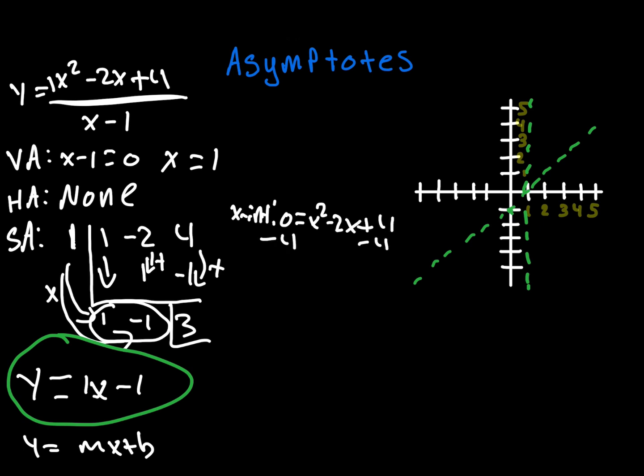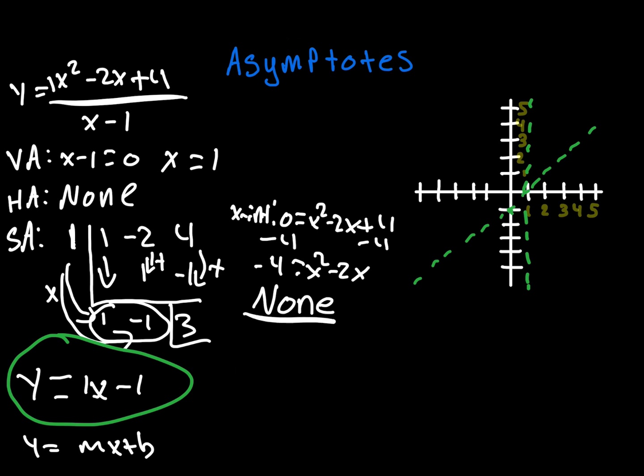Subtract the 4. Negative 4 equals x squared minus 2x. And from here on, this equation doesn't really make sense, because you could divide the negative 2 and square root, and it will give you something that doesn't really make sense and doesn't equal. So from that, we could assume that there are no x-intercepts.